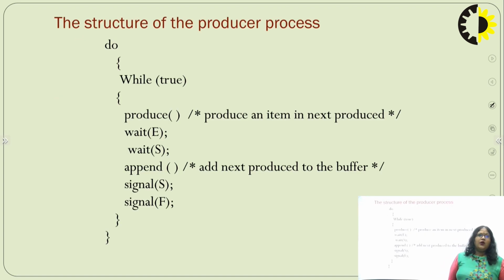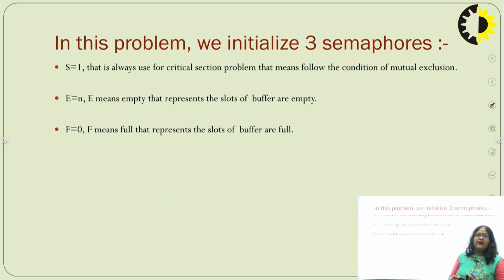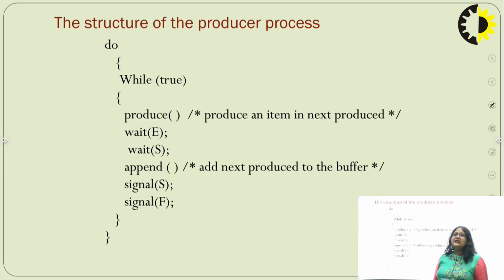So just see the code of the producer process. While true, always true for that particular code. Produce is used for producing the item. Append means we append to the buffer. So wait E, where E represents empty. When the value of E is 0, there is no space, so we cannot produce the item.